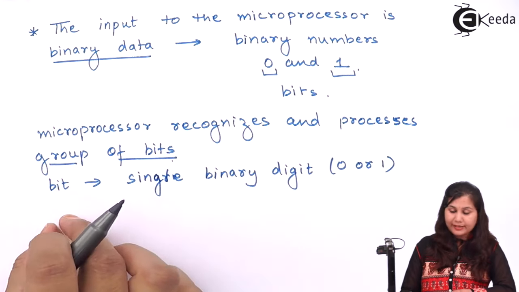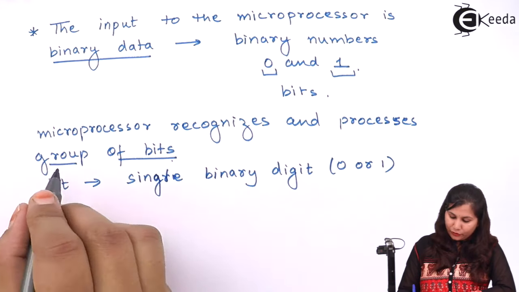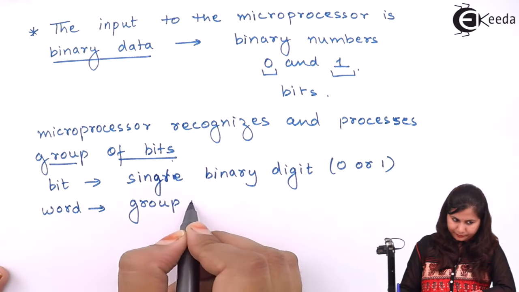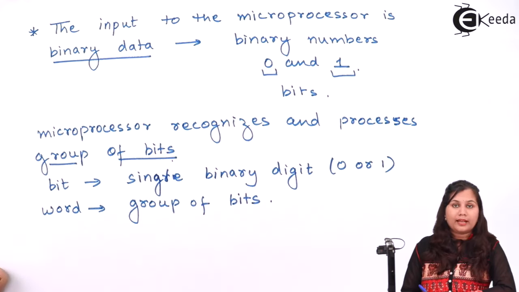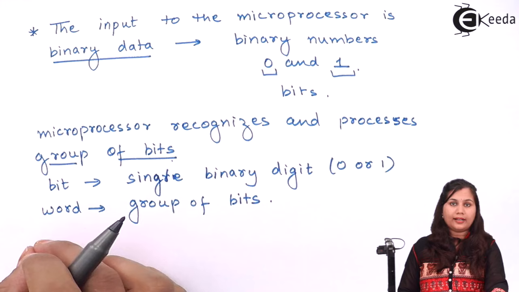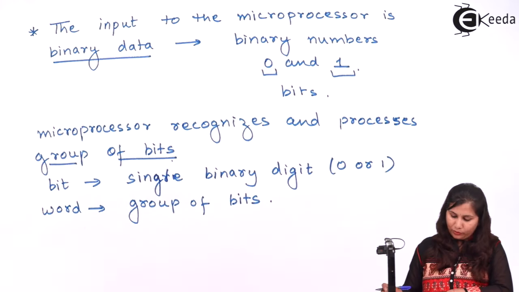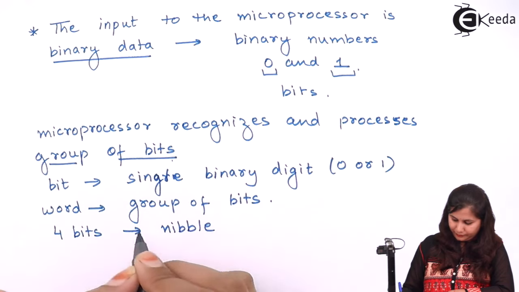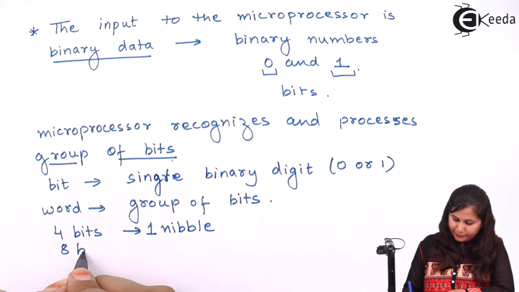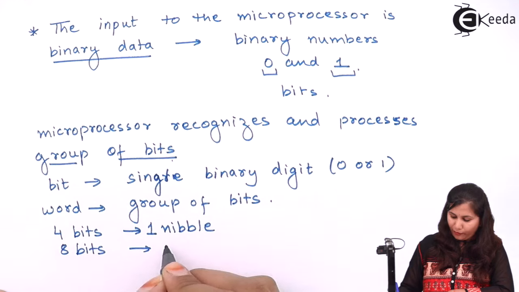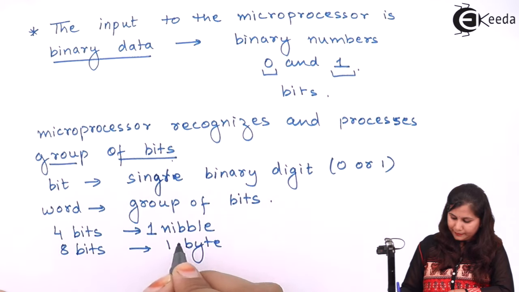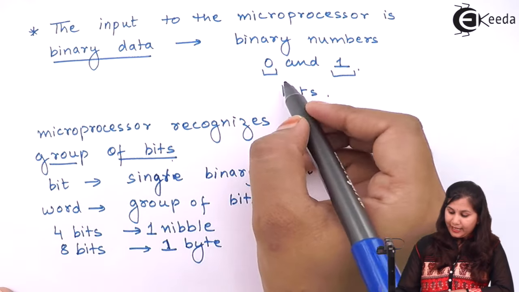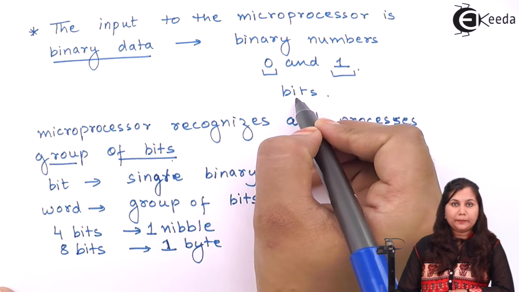Now if these bits form a group, then this group of bits is called a word. And if 4 bits are there, then they form one nibble. If there are 8 bits, then they form one byte. Let's take an example so that you can understand. I have said that 0 and 1 are called bits.